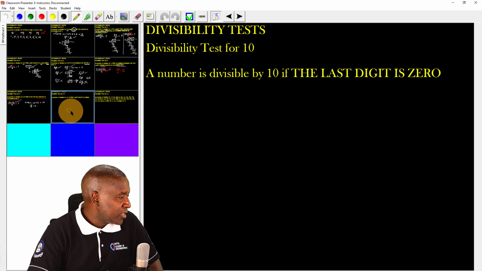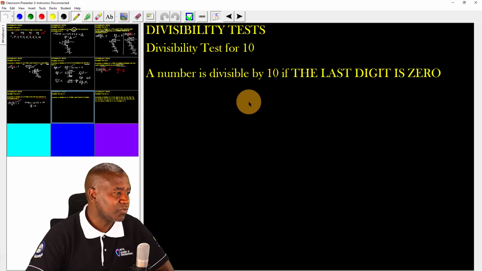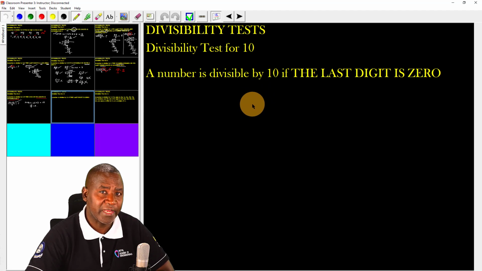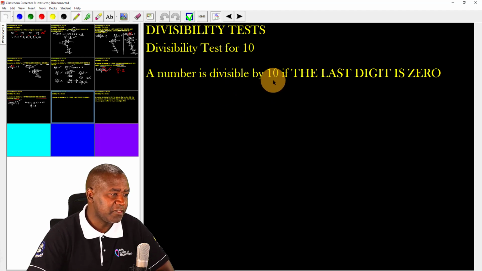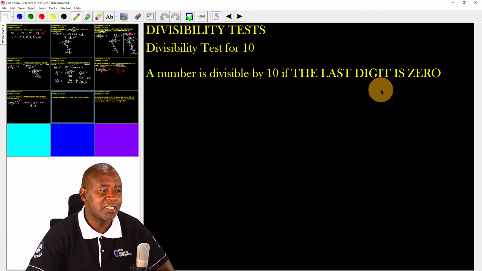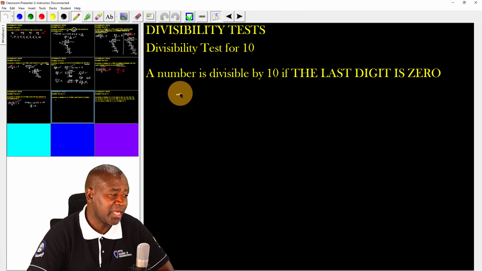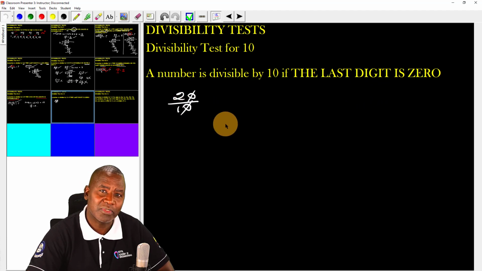And of course, let's look at the next one, the divisibility test for 10. A number is divisible by 10 if the last digit is 0. Of course, you know this from what we've been doing. If you do 20 divided by 10, we usually cancel these zeros and we get 2.